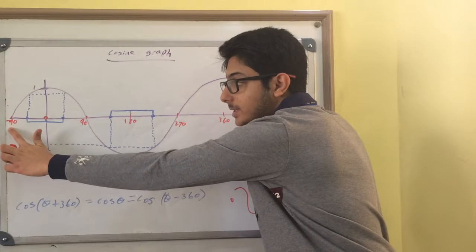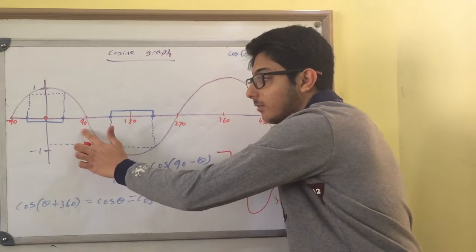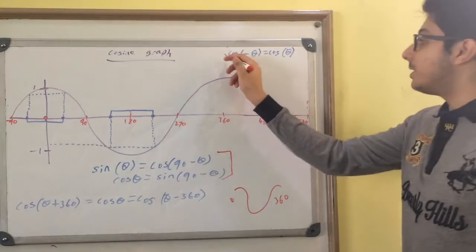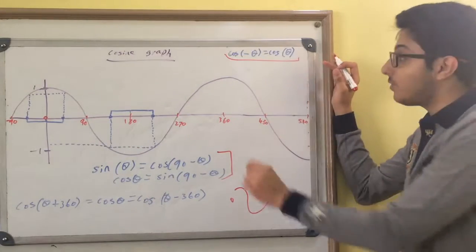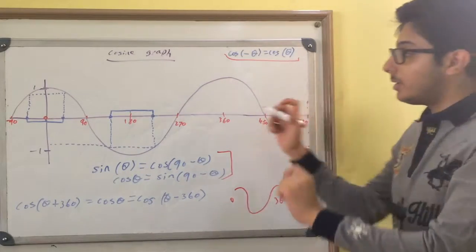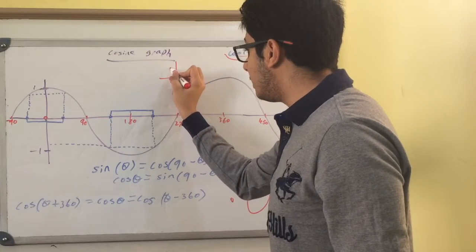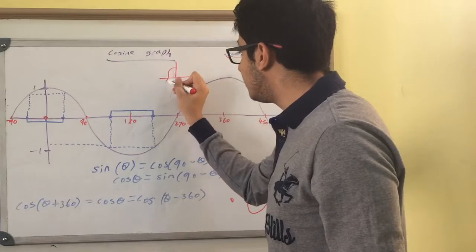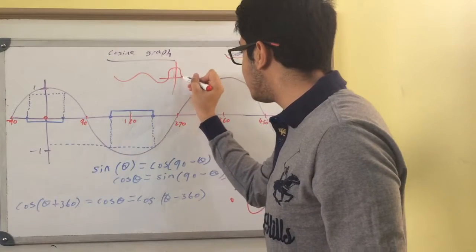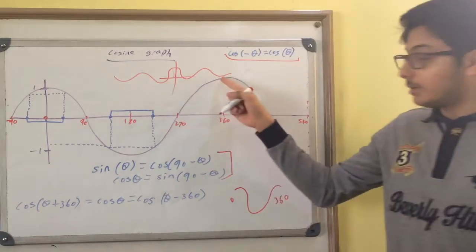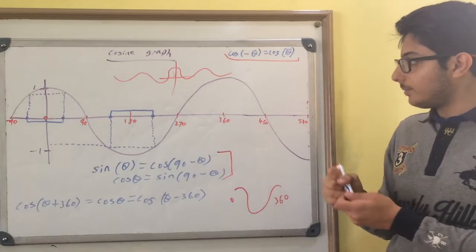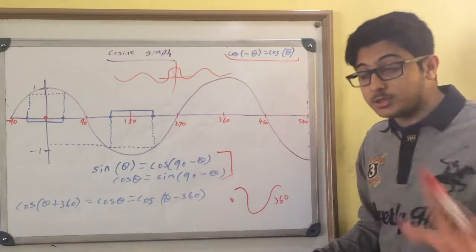Cosine of negative 90 gives you 0, and cosine of 90 gives you 0. That's why we have this. Cosine of negative theta is the same as cosine of theta, because from the origin, it's symmetrical. It's not a very good drawing, but you get the point.